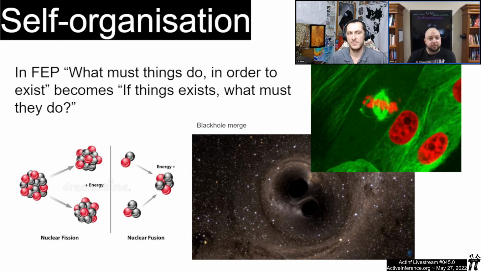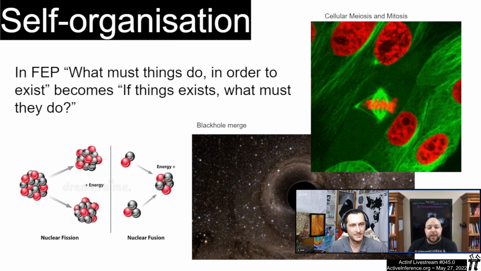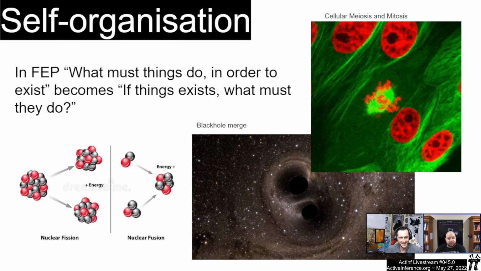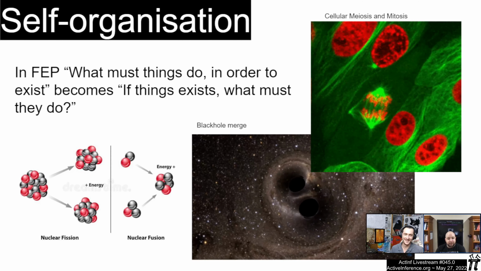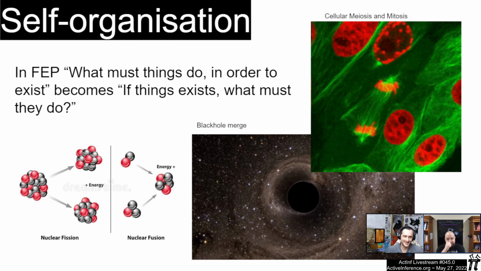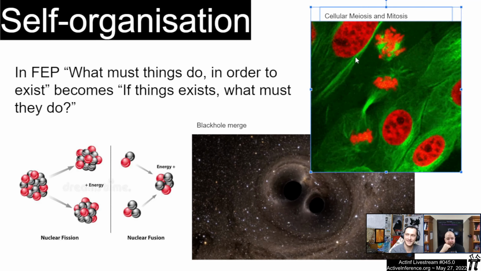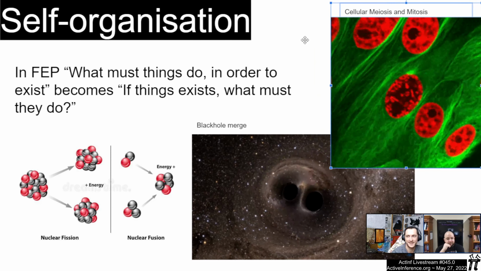How about self-organization? I think this one, maybe it sounds just as complex, but I think this is really familiar for most people. They have a good idea of what this is.